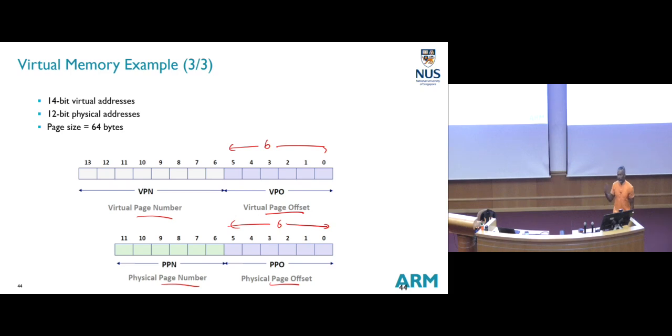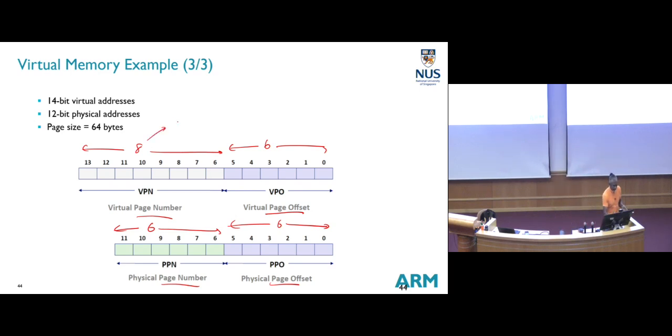Alright, so what is left is the remaining bits. I have a total of 14 bits for the virtual address, so this will be 8 bits over here. And I have a total of 12 for the physical, so this will be 6 bits over here. It matches up very nicely, correct?